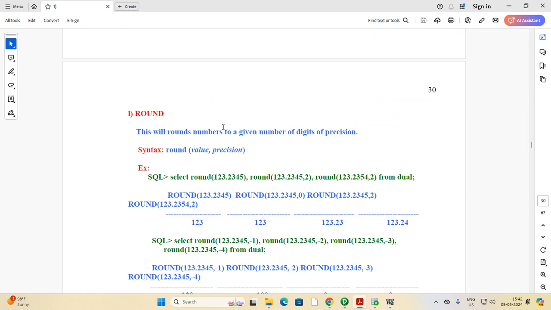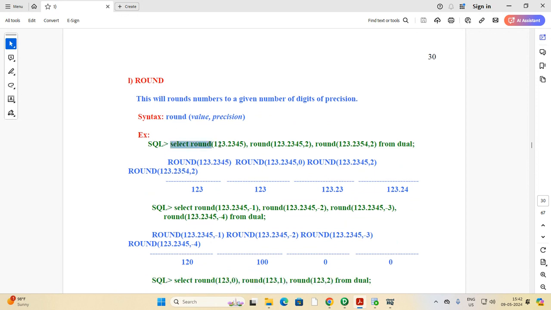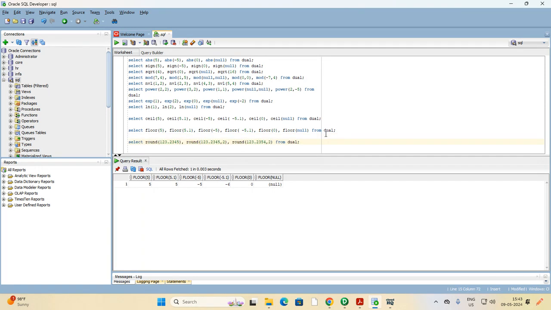Round. This will round the number to a given number of digits of precision. If you execute this, you will get a better idea. I will explain after execution. See here, round 123.2345 to the precision of 2.